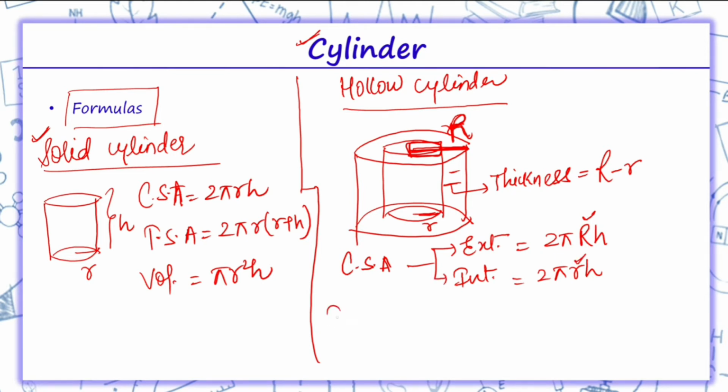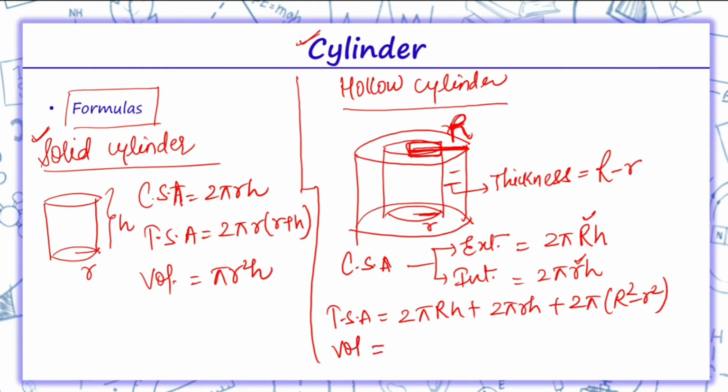Then we have total surface area. Total surface area is external curved surface area plus internal plus area of cross section. So it will be 2πRh + 2πrh + 2π(R² − r²). Then volume is external volume minus internal volume.